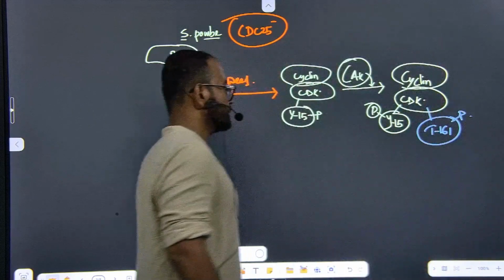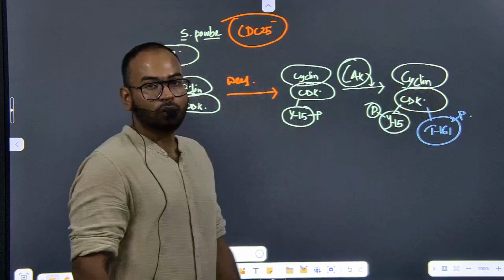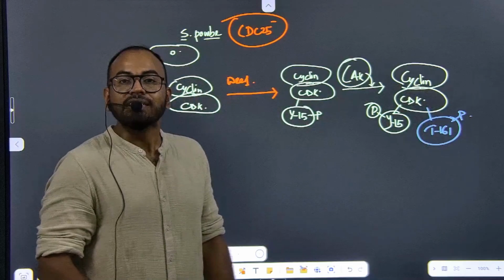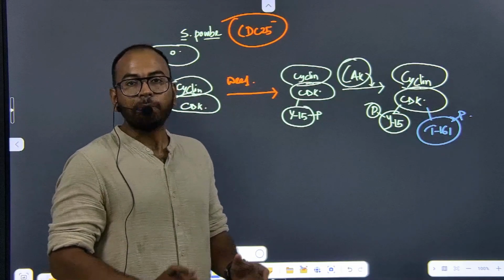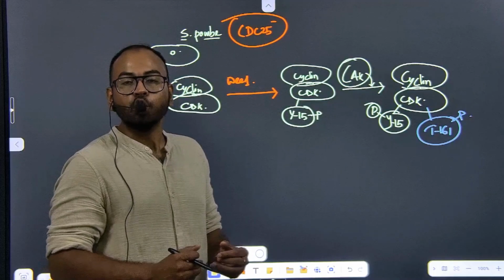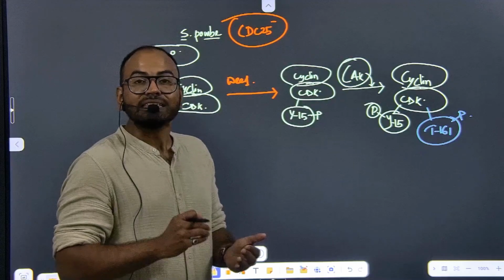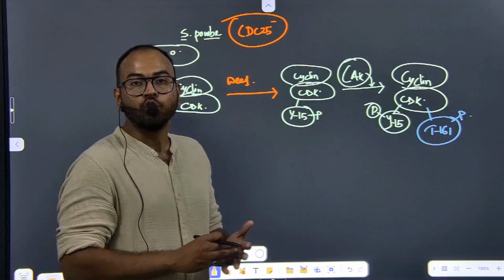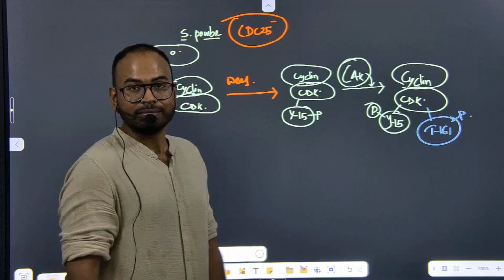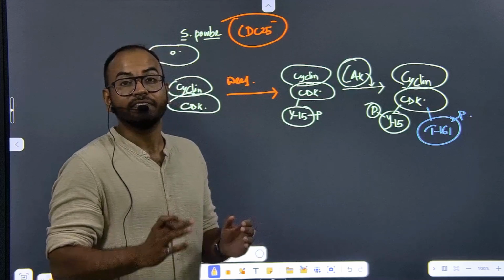But the cell will be restricted at this stage. Why? Because we don't have our CDC25. If CDC25 is practically absent within the cell, then phosphatase activity won't be able to be performed upon tyrosine 15, and hence the cell will remain as it is without division.